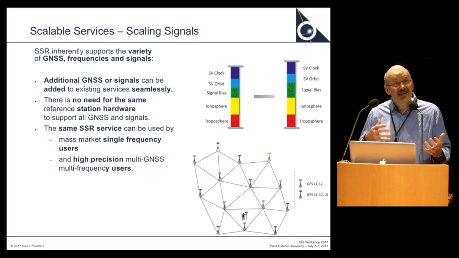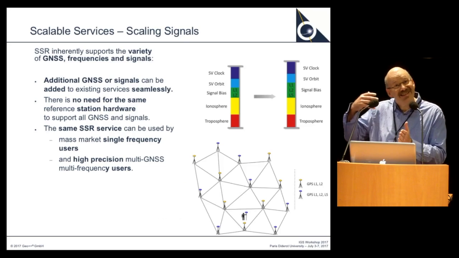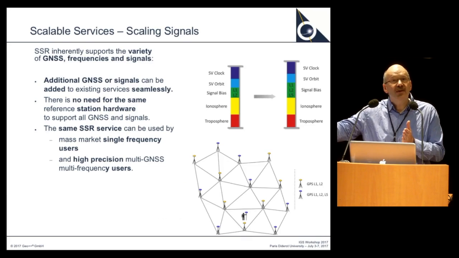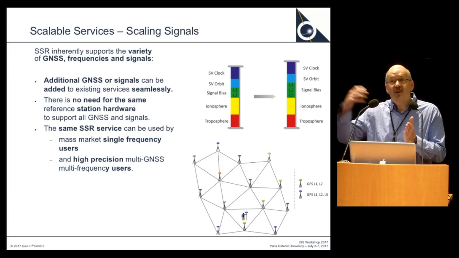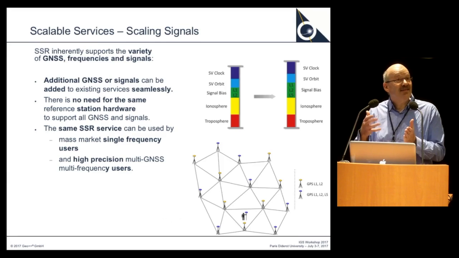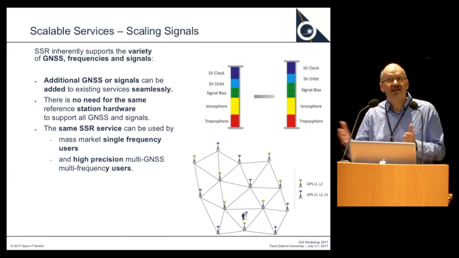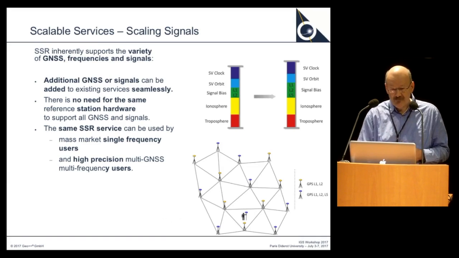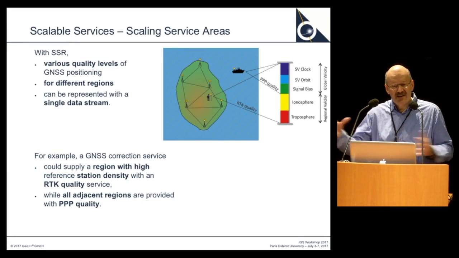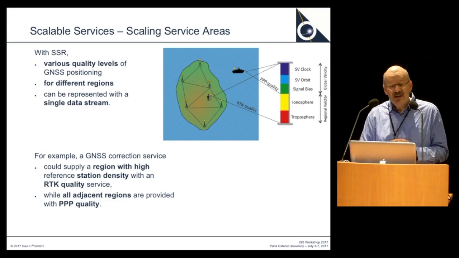In addition, SSR can be scalable also. You can provide in the same stream information for single frequency users for the mass market, but also, in addition, highly precise information for the high precision geodetic users. Another point is scalability in the area, in the region.